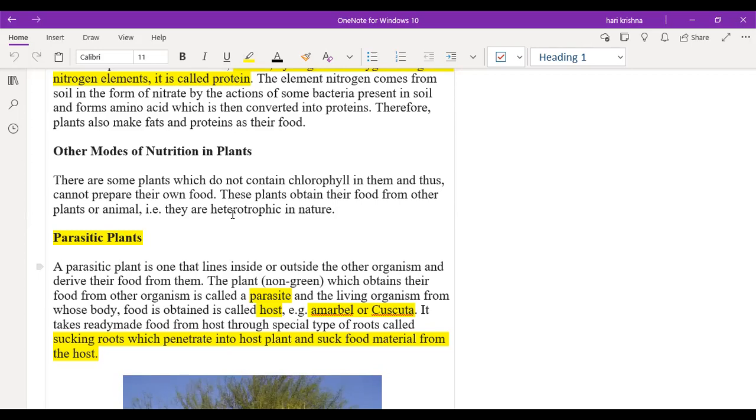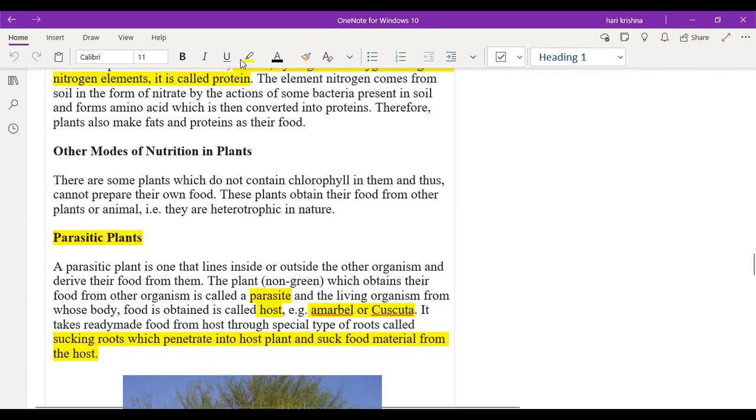Parasitic plants depend on a host plant for the absorption of nutrients and water. In parasitic plants, there are two types: partially parasitic and totally parasitic. Partially parasitic plants only take some amount, whereas total parasites take everything from the other plant.